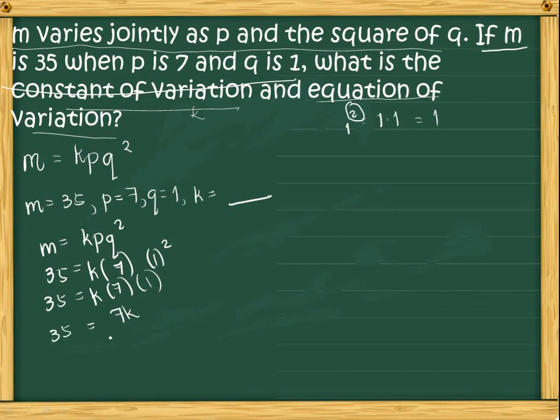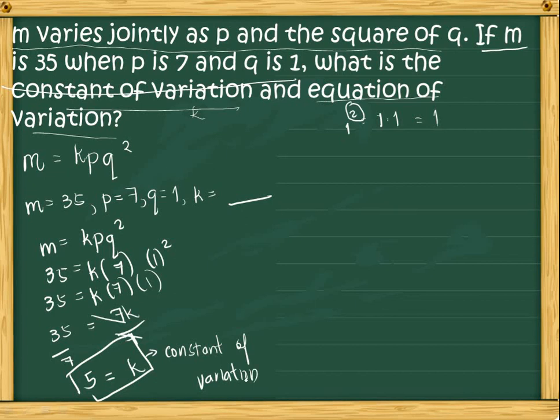Now, our goal is to find the value of K. So we need to eliminate 7. We need to divide both sides by 7. So we have here K is equal to 5. And K is equal to 5 is what we call the constant of variation.